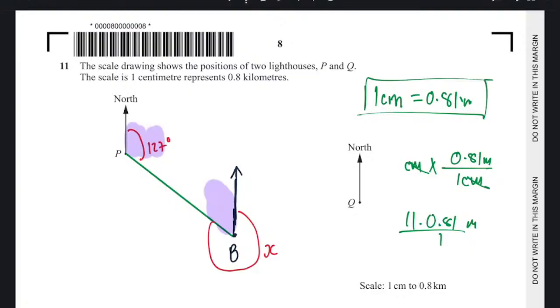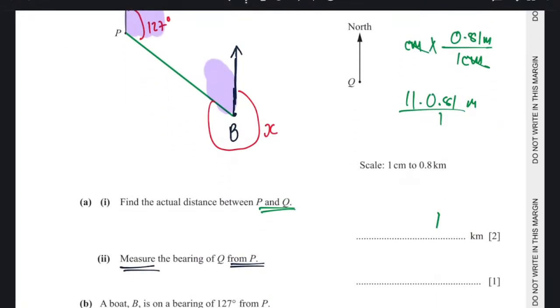So exactly, what we want is this one, the measurement. Remember, bearing is measured clockwise. We want to measure P from B. So we start at the north of B and we measure until we get it.